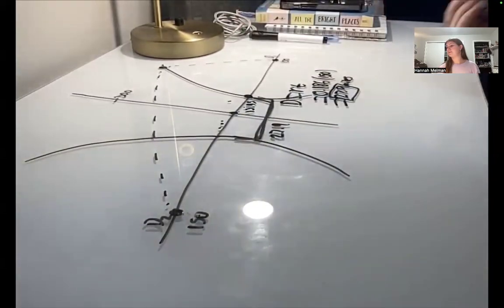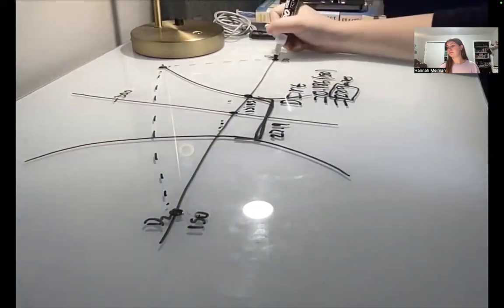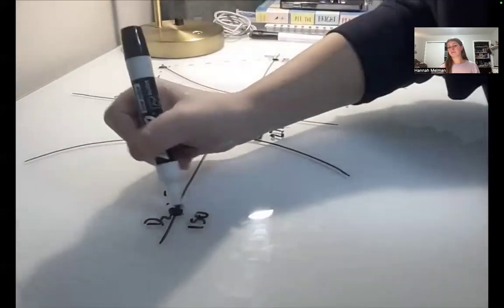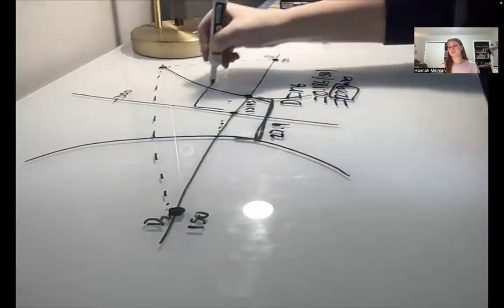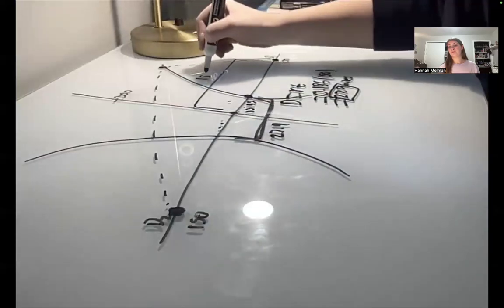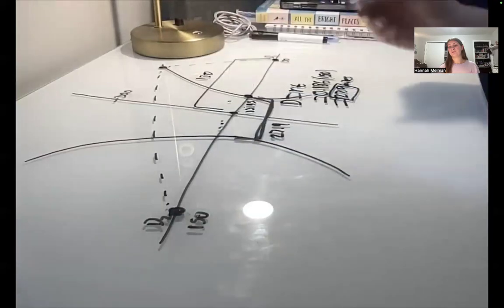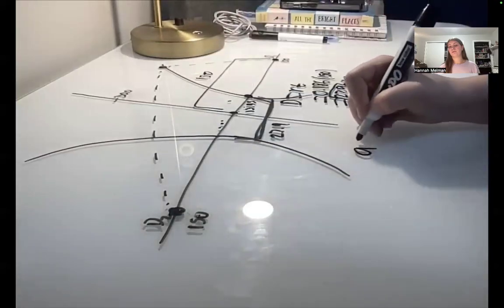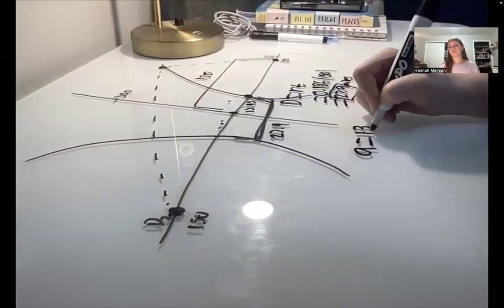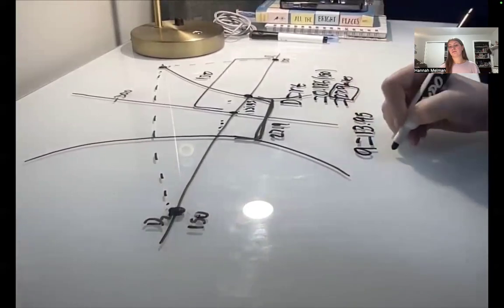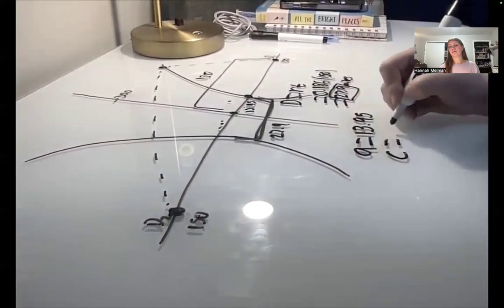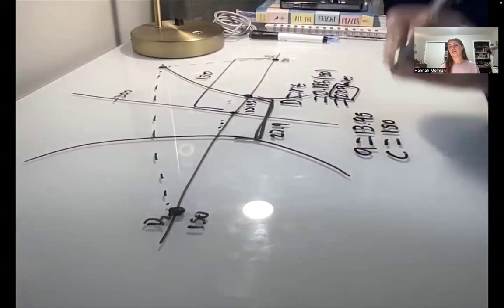And these two dispatchers are both 150 miles out from the center here. So we've got a is 13.95, and we've got c is 150.